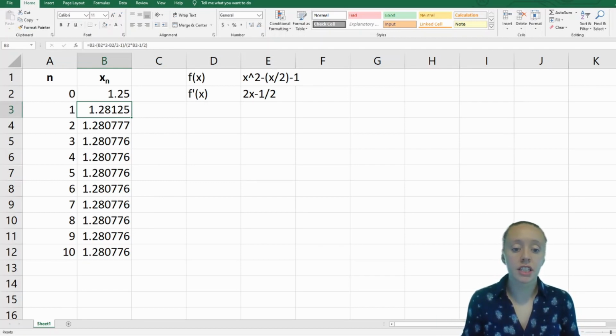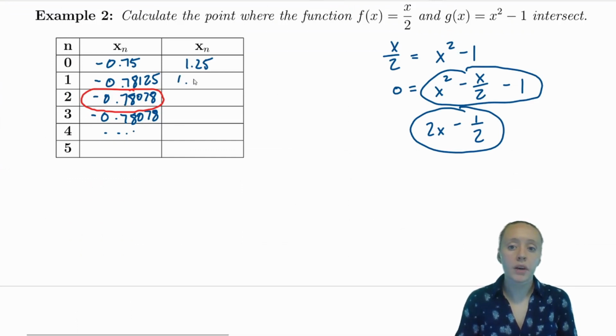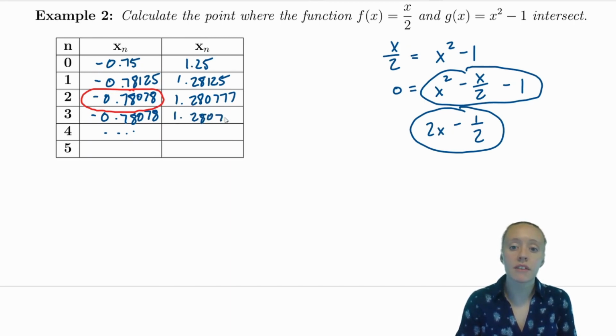So filling in our table, finishing this worksheet out, we'll have 1.28125 was x sub 1, then 1.280777 was x sub 2, 1.280776 was x sub 3, and then that's where it started repeating.